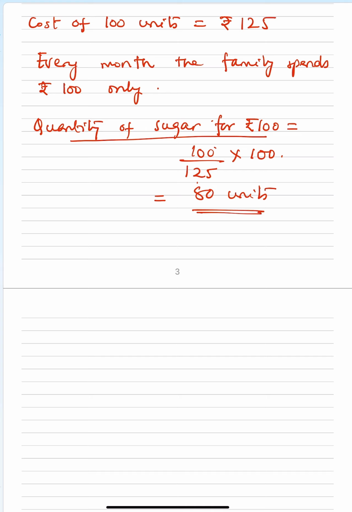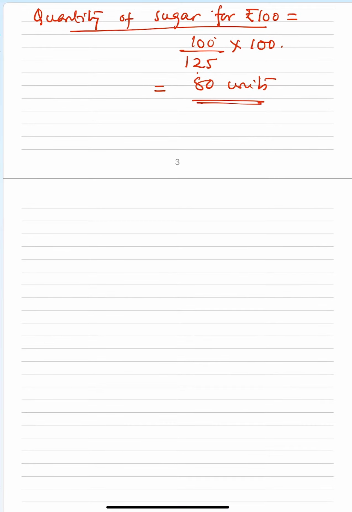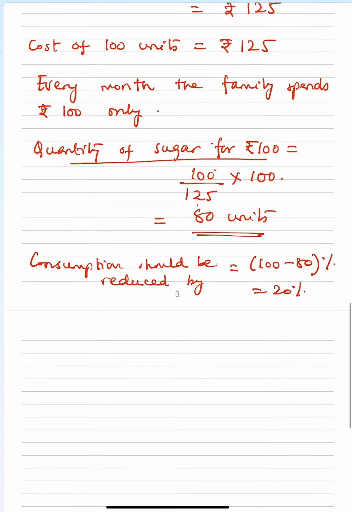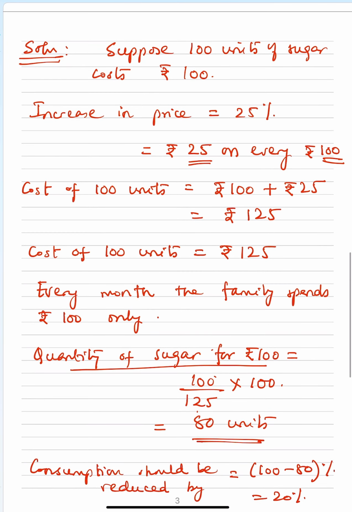Okay, so consumption should be reduced by 100 minus 80%, that is equal to 20%. 20% consumption should be reduced. Now let us understand this more precisely. Here it is given that 100 units of sugar cost rupees 100.